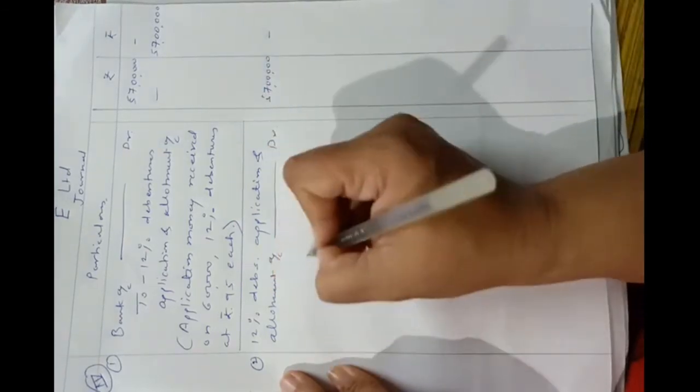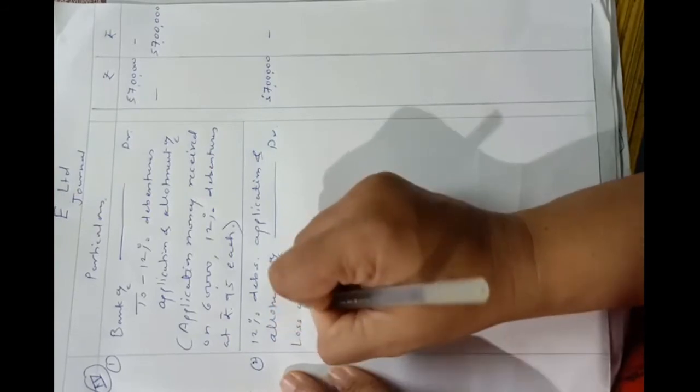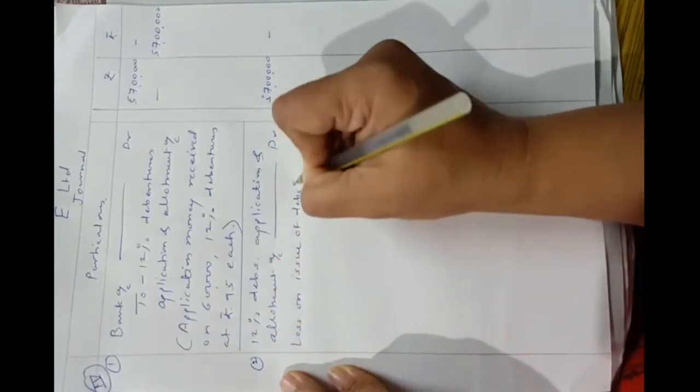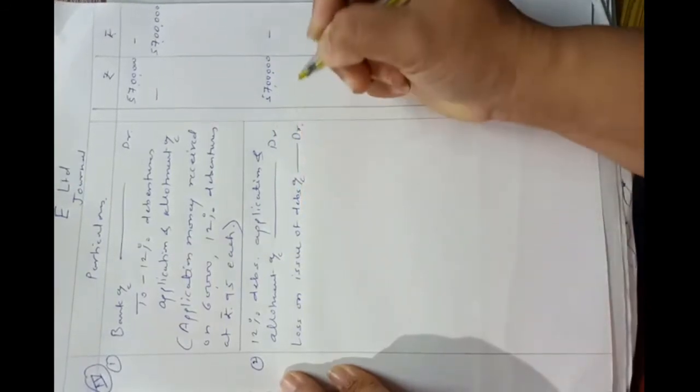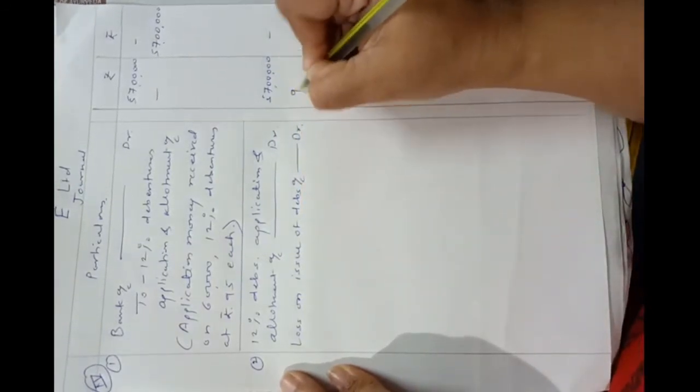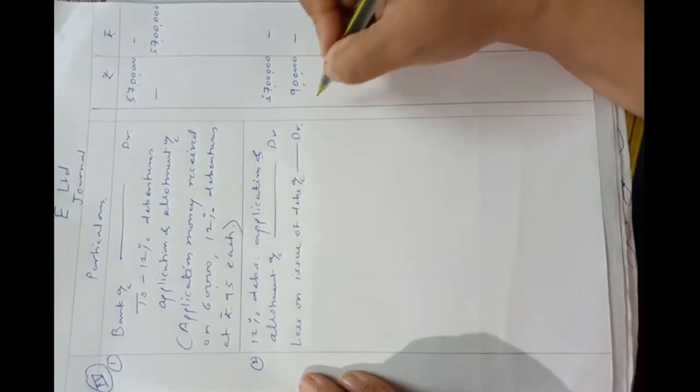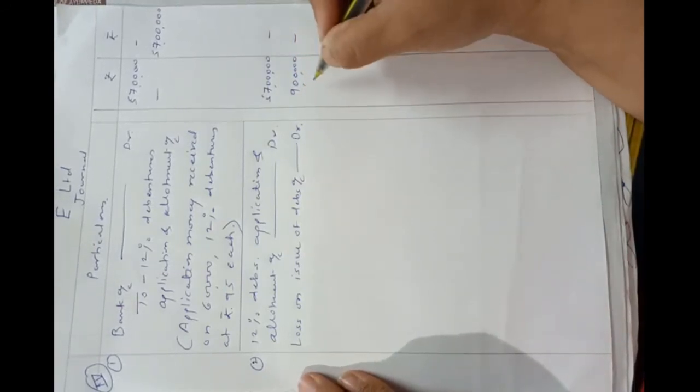Now loss on issue of debentures account debit, amount is 9 lakhs. From 9 lakhs, 6 lakhs will be the premium and 3 lakhs will be the discount on issue of debentures.